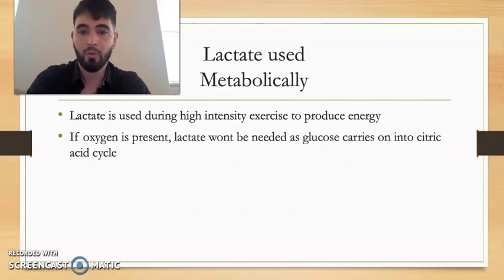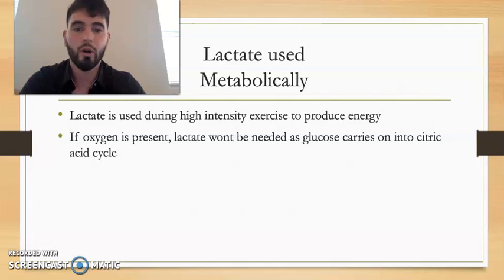Is lactate used metabolically? Yes, as we said, lactate is used during high intensity exercise to produce energy. When we are doing 100-meter runs or very quick, short burst, high intensity exercises, lactate is our fuel source and helps us out.